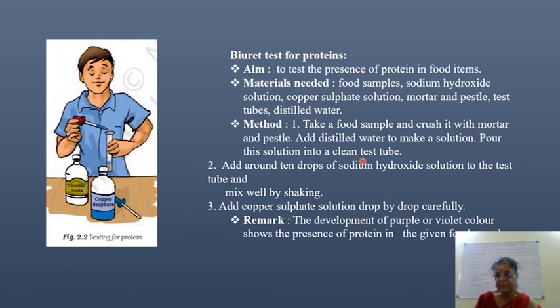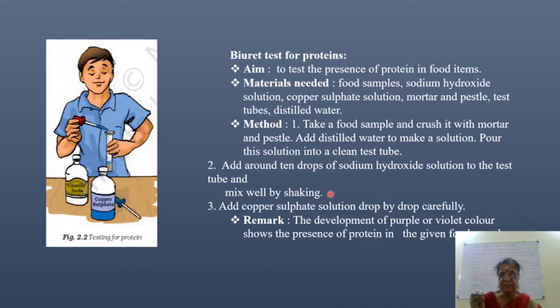I hope you understand. Now add 10 drops of sodium hydroxide to the test tube and mix well by shaking. Shake the test tube well so that the egg white precipitate, which looks lumpy like curd, dissolves into a clear solution. Until then you will add sodium hydroxide.